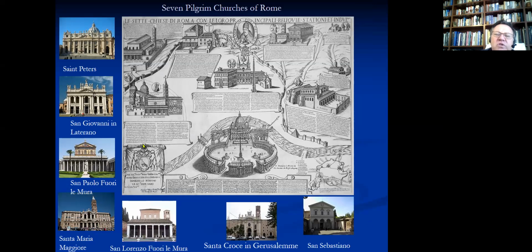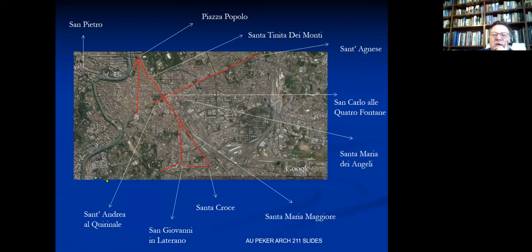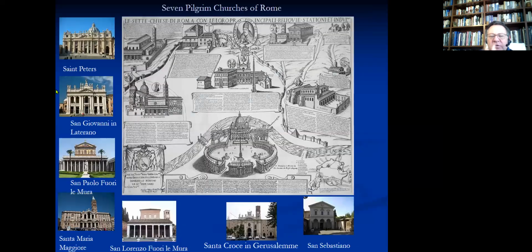These are the churches, 7 in number, drawn in this picture, as you can see, which are the major Baroque churches. The majority of them are reconstructed, except maybe St. Peter's, and as I told you, Sant'Andrea al Quirinale, and a few others. They are old basilicas reconstructed.